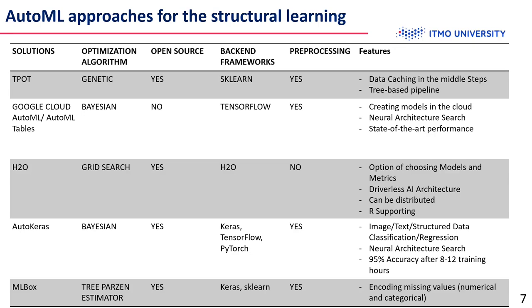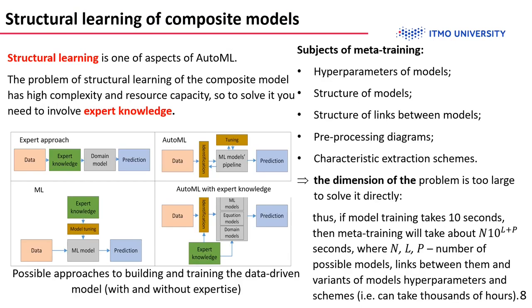There are also solutions from Google, AutoKeras, H2O, and the MLBox framework. However, they are all directed to the identification of relatively simple models and cannot be applied for the identification of heterogeneous models. The reason why all these frameworks are preferred to work with relatively simple models is quite obvious.